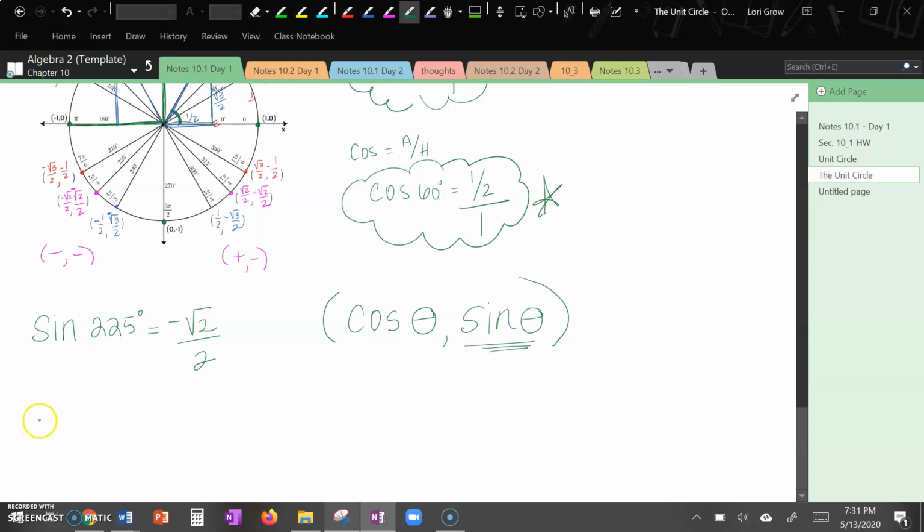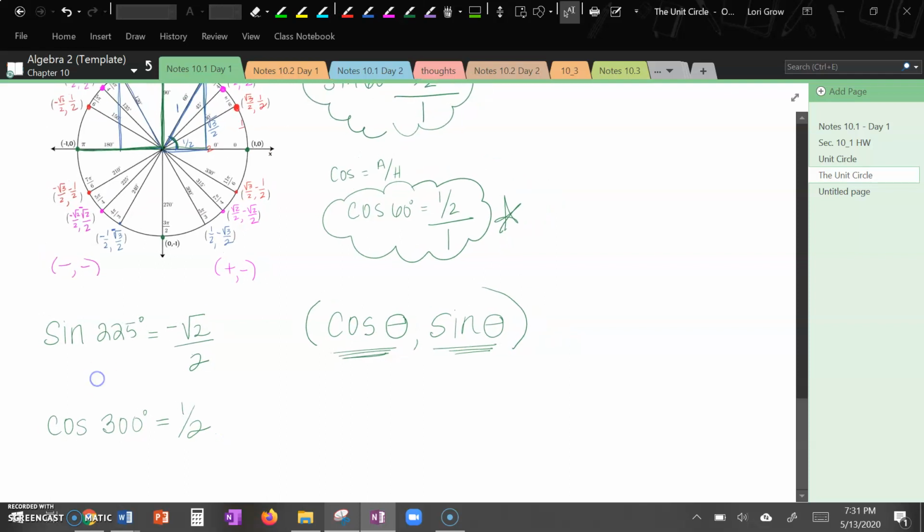If I were going to ask you, what is the cosine of 300 degrees? Cosine is always the x coordinate. So if I work around the circle, here's 300 degrees. The cosine is the x coordinate, so the cosine of 300 degrees is 1/2. And I could continue doing this for any value on the circle.